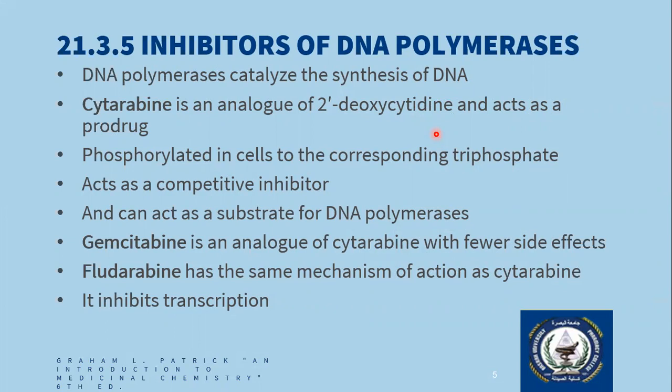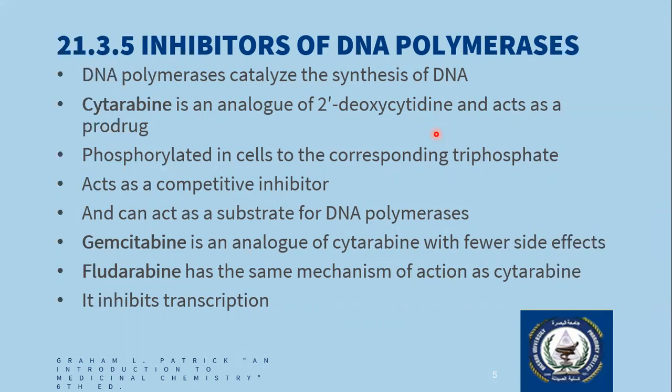The only difference between cytarabine and cytidine is that cytidine has the ribose sugar, and cytarabine has the arabinose sugar. And I think from your previous biochemistry, you know the difference between arabinose and ribose.